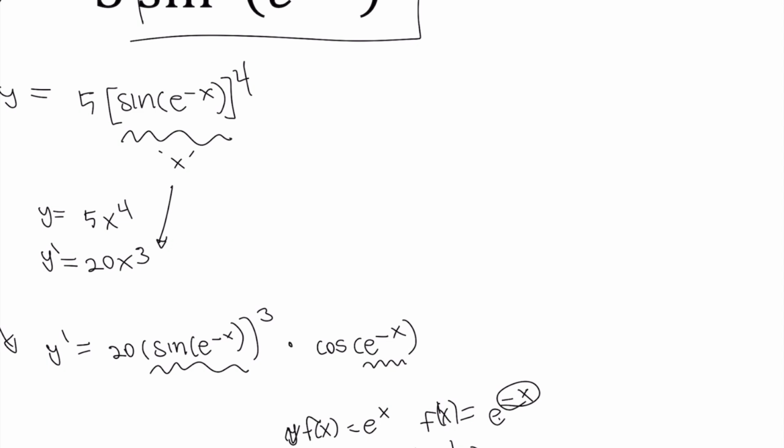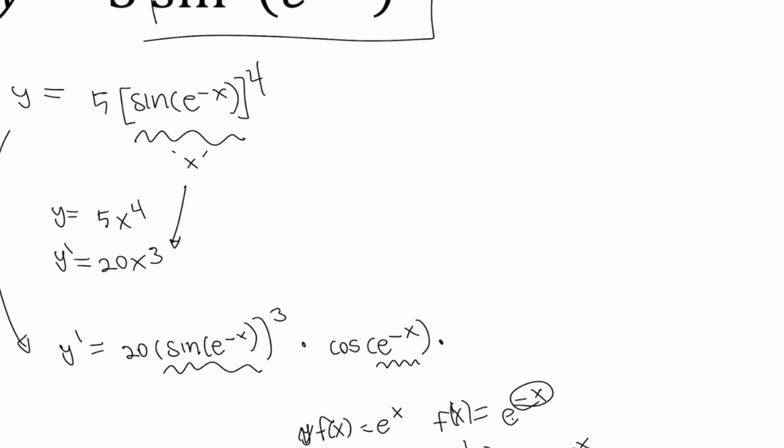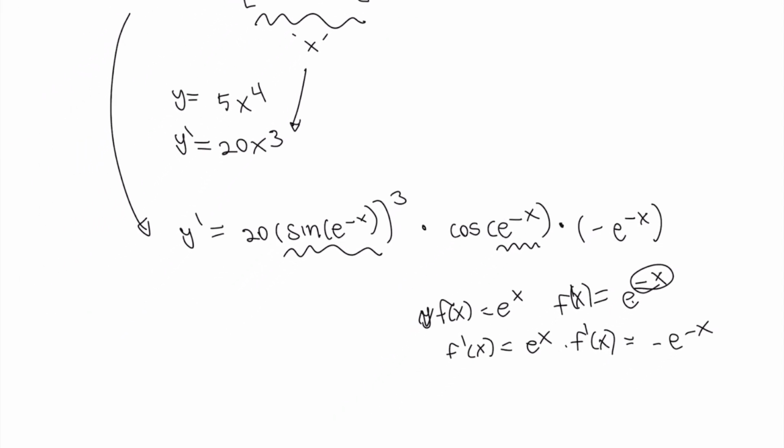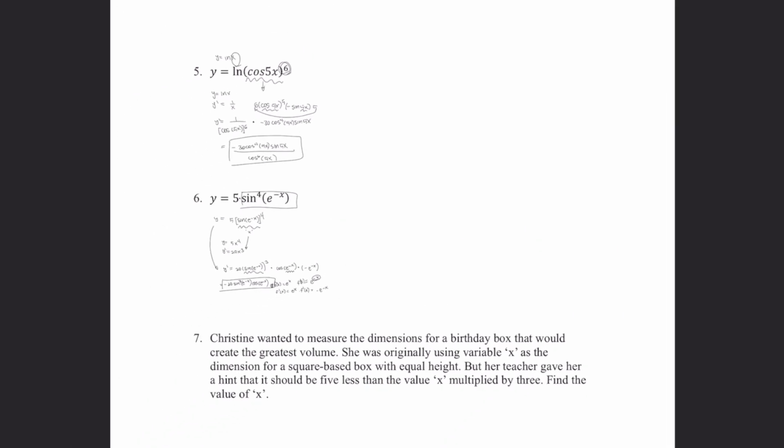So you multiply negative 1 to e to the negative x. So the derivative of e to the negative x is negative e to the negative x, which is pretty simple. So multiply negative e to the negative x to this whole thing. So that is negative 20 sine cubed e to the negative x times cosine e to the negative x, which should be the answer for the 6th question.